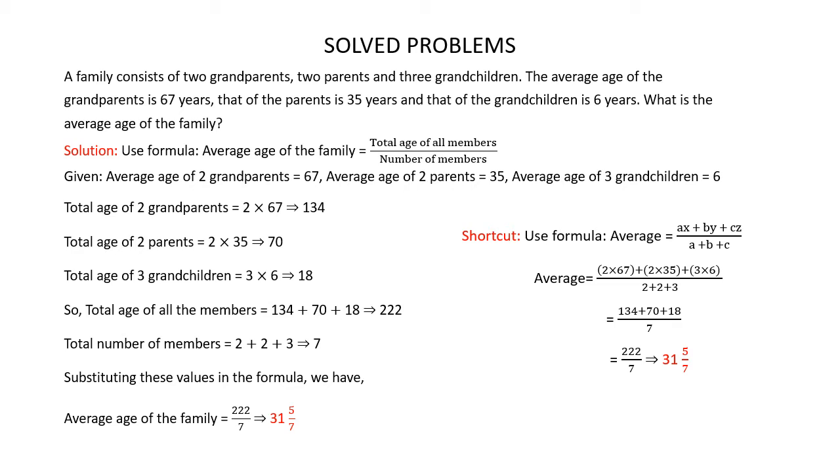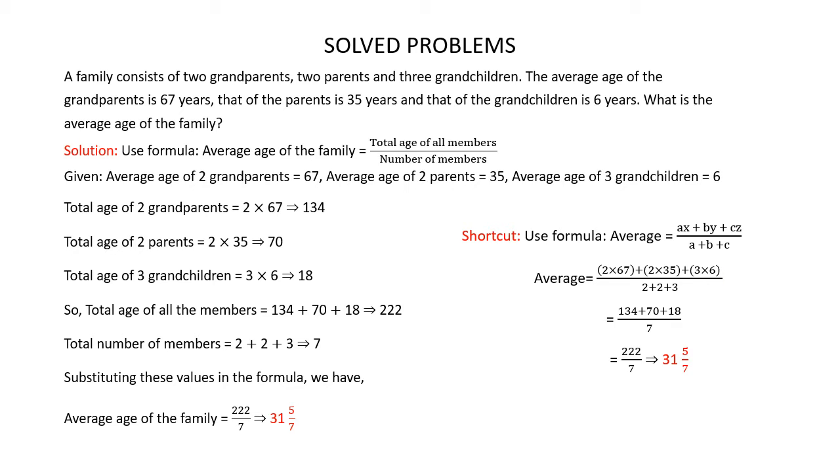So substituting these values in the formula, we get average is equal to 2 multiplied by 67 plus 2 multiplied by 35 plus 3 multiplied by 6 divided by 2 plus 2 plus 3.